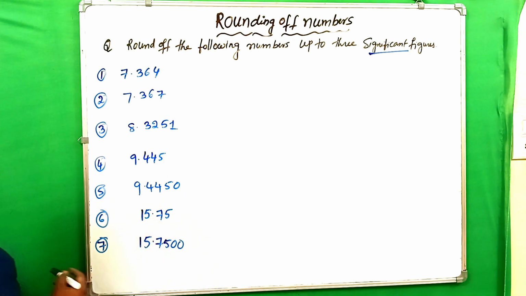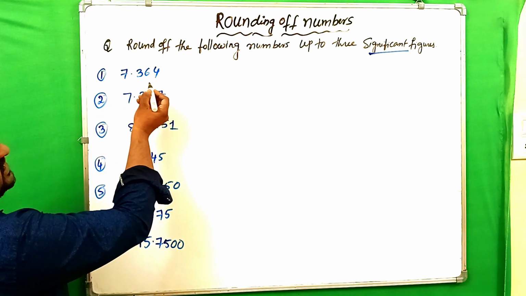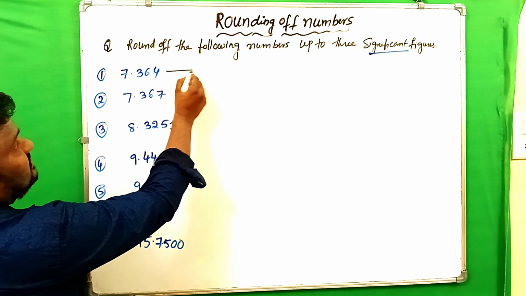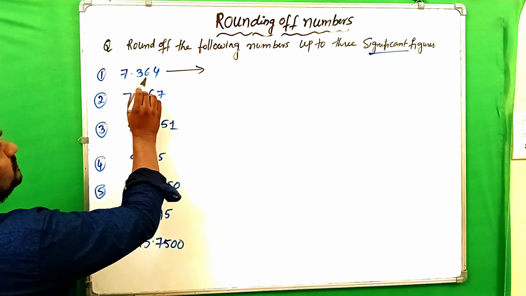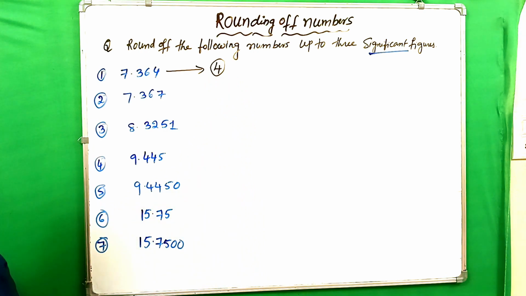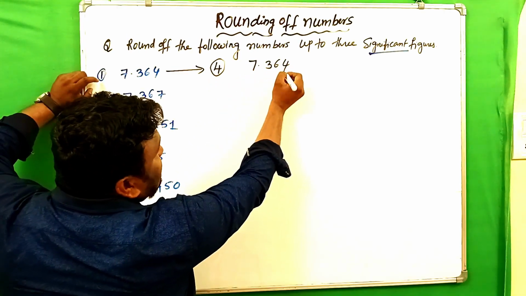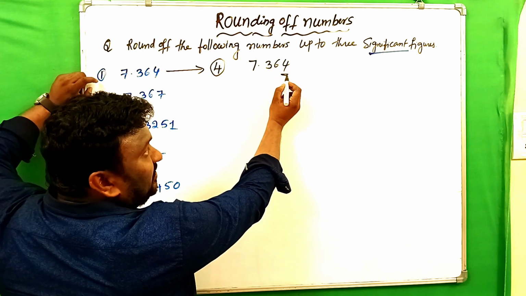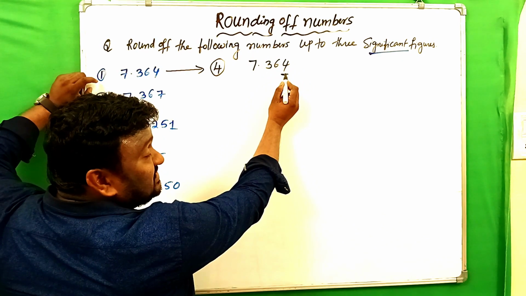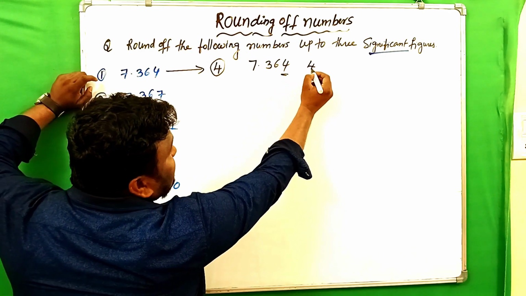The first one here is 7.364. How many significant figures are there already? 1, 2, 3, 4. 4 significant figures are there. So we have to round off. The digit that is going to be dropped is the insignificant digit, and this 4 is less than 5.